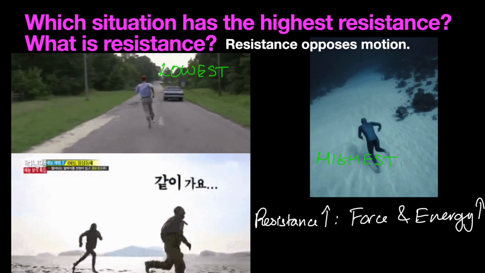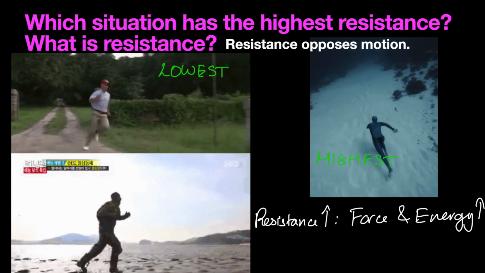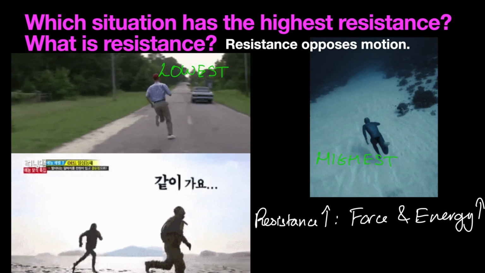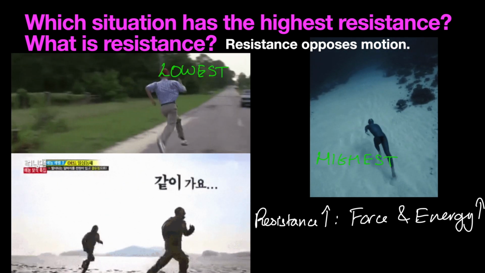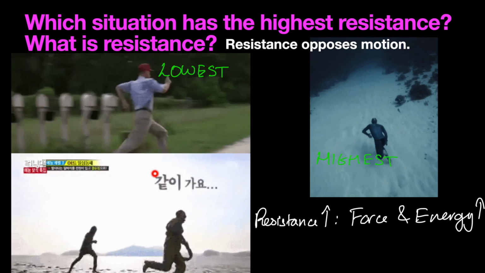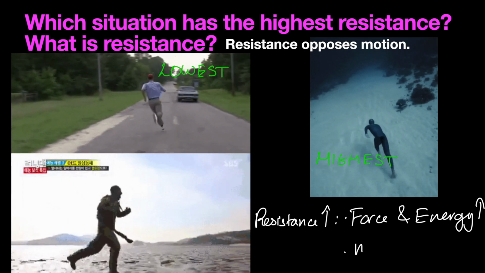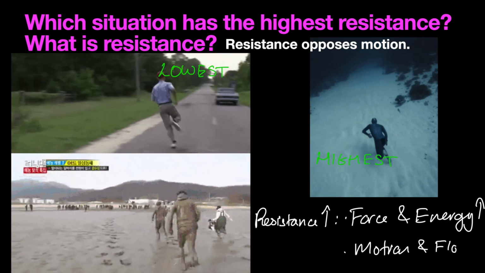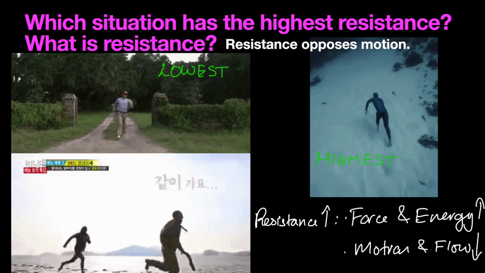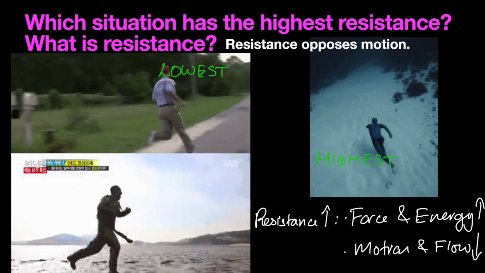We also see that motion and flow decreases. So we can see that this person is moving considerably slower and he's moving much faster over here. So motion and flow decreases when we have higher resistance.